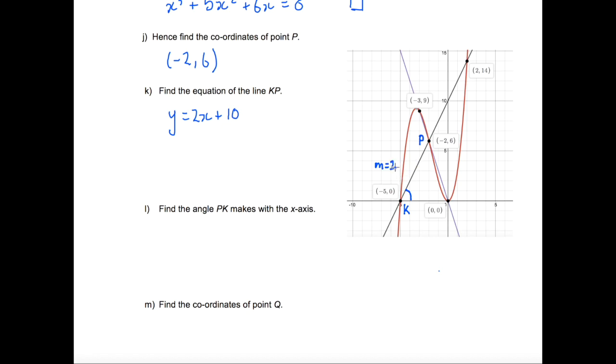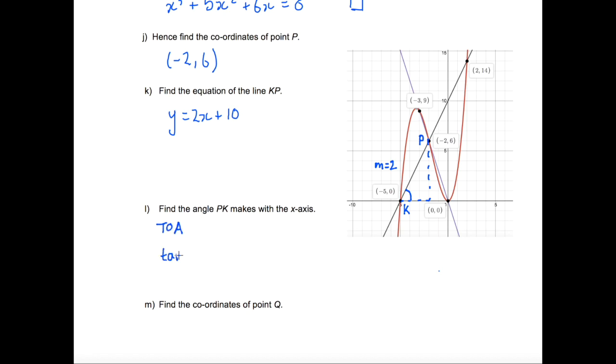What does that mean? It's our rise over our run. Gradient is a measure of rise over run, so the ratio of this length to this length is 2.